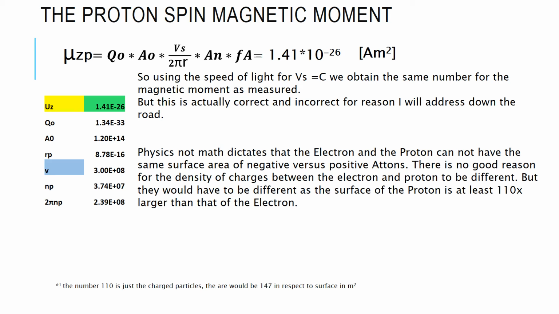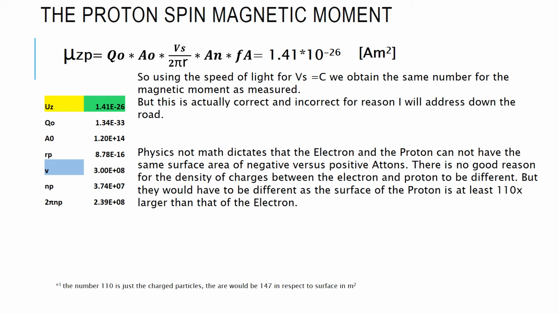So math is a description. And the fundamental issue here is that the proton has to be a lot larger than the electron if the structure of the proton is similar to the electron, which it kind of has to be. Otherwise, you'd have several different attons, and then the light would have very different properties.